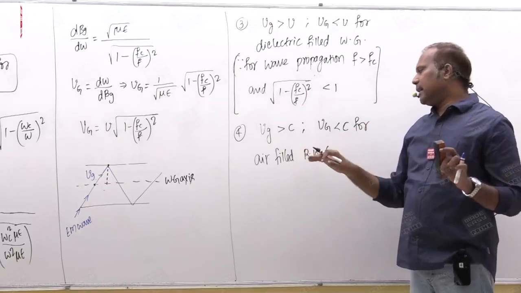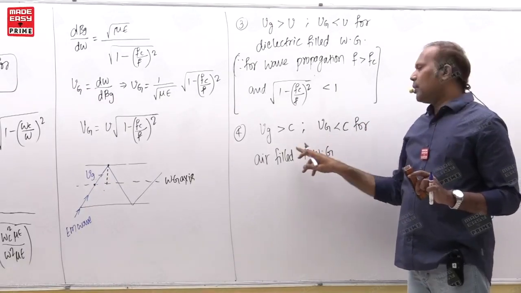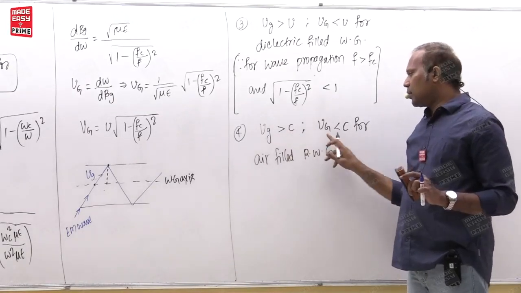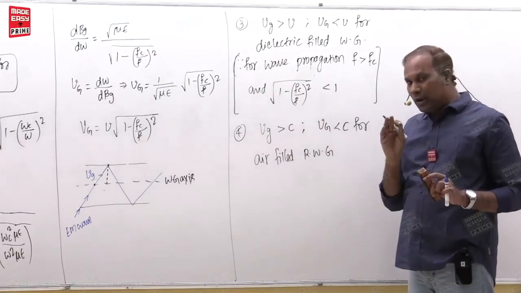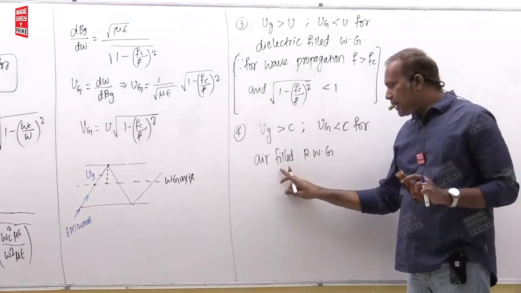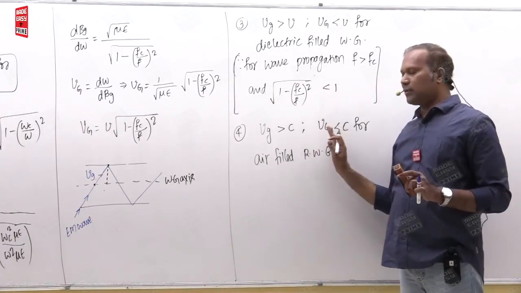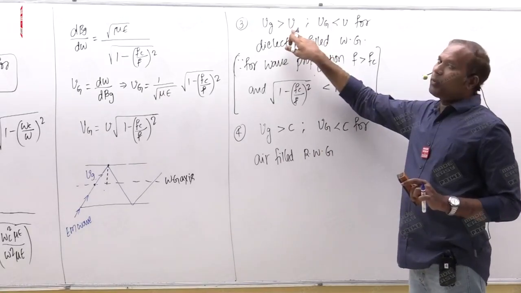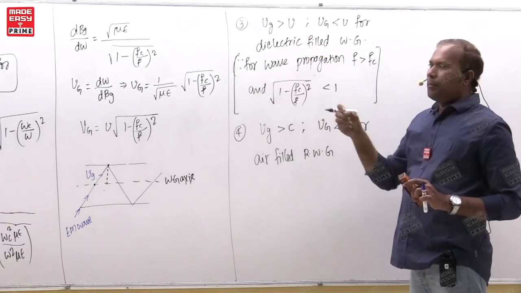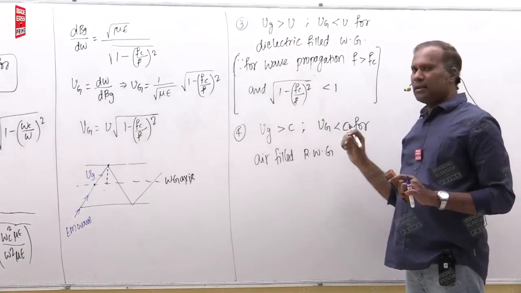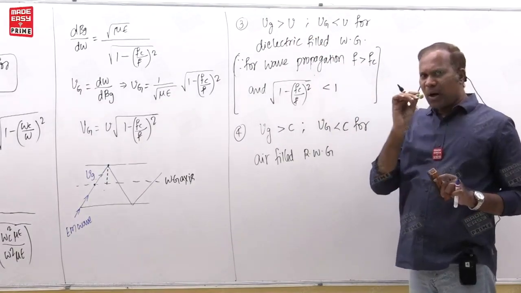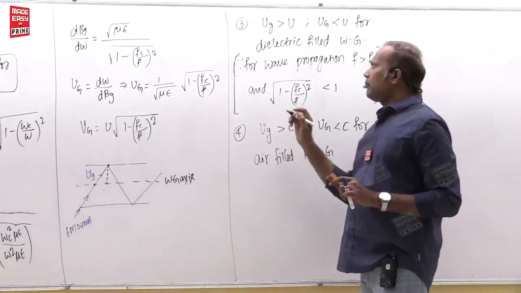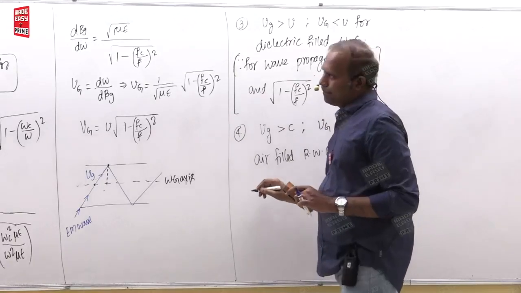For every case, they say the same story. Don't say that statement every time. It is mentioned here, only if it is air-filled, then you have to say that. For dielectric-filled, it is v, and v means c by root mu r epsilon r. So be careful while giving the statements, because in the examination that small difference gives negative marking.